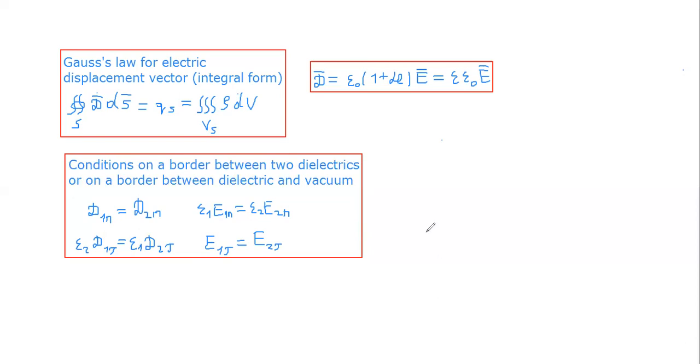Conductors are a type of substances that may conduct electric current, and because of this property, they are called conductors.